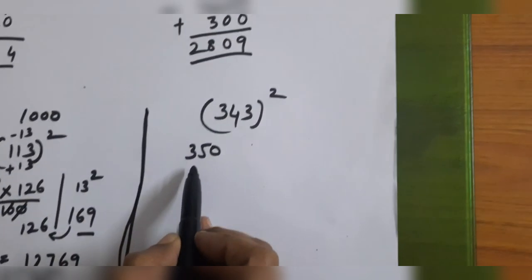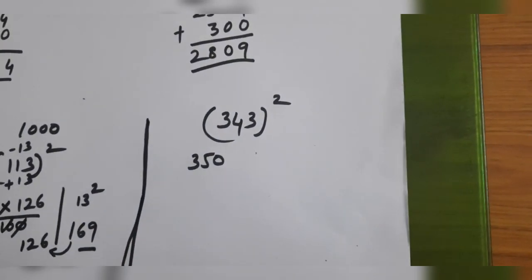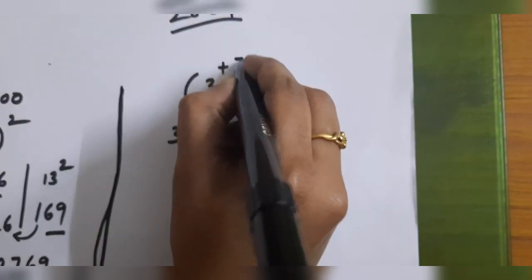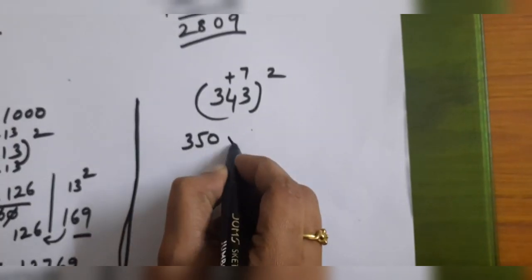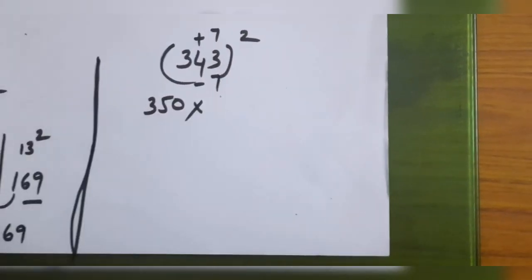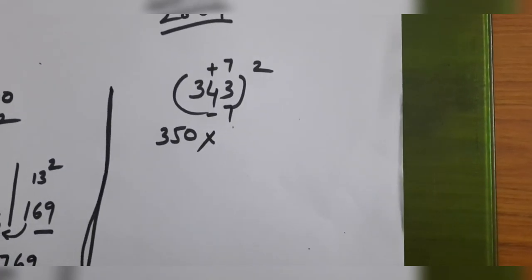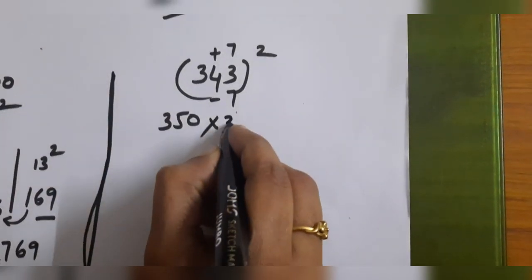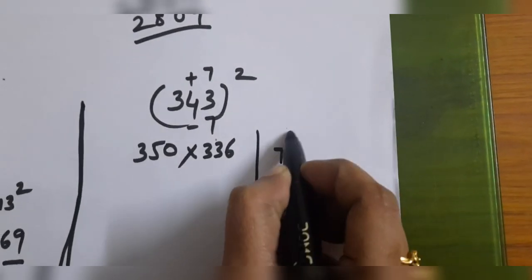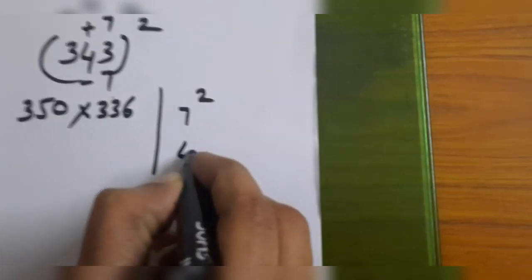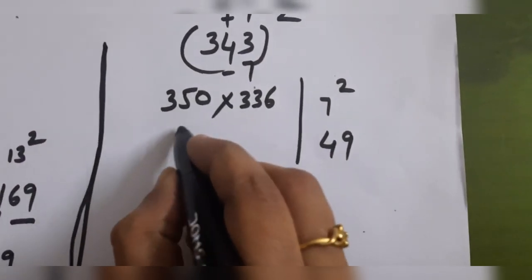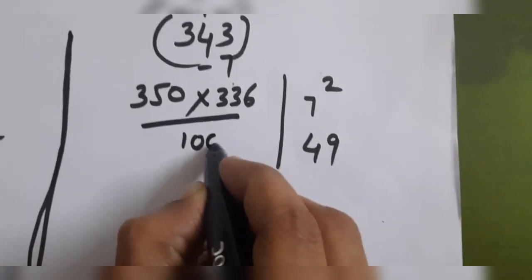Now I am taking the nearest number as 350. So to get 350, I have to add 7. So now we have to subtract 7. What is 343 minus 7? It is 336. Now you have to find 7 square. 7 square is 49. Now I told you, you have to divide it by 100.